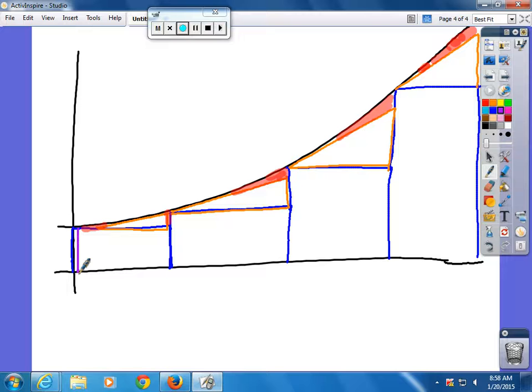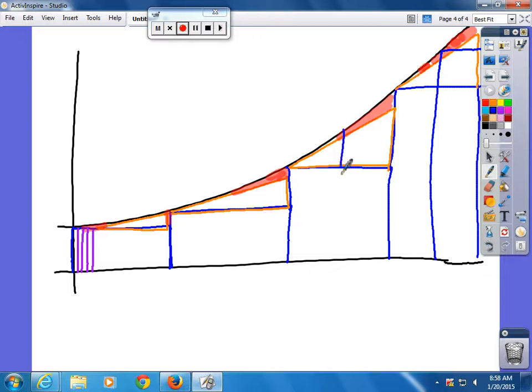And instead of having all these different shapes, you split your curve up into what? A bunch of rectangles. Now you eventually start with these guys, but you see that they don't do us any good. So what you're supposed to do is divide these in half.